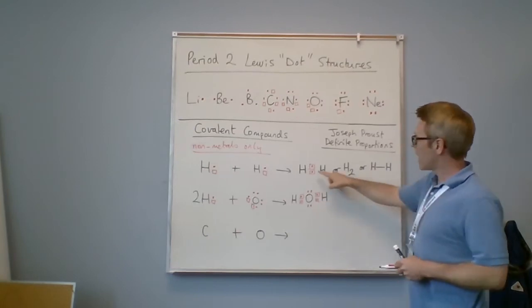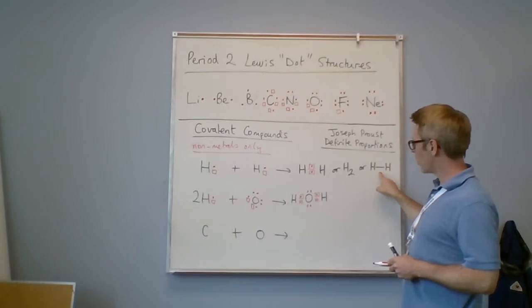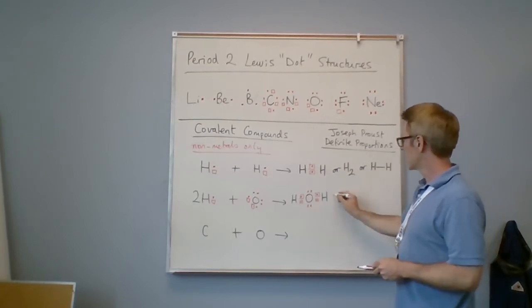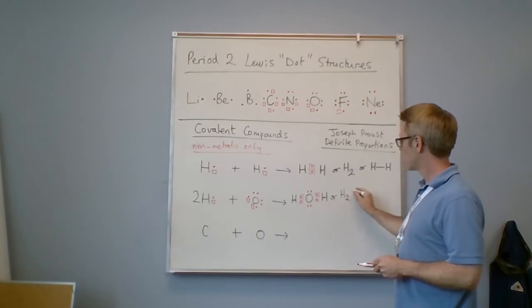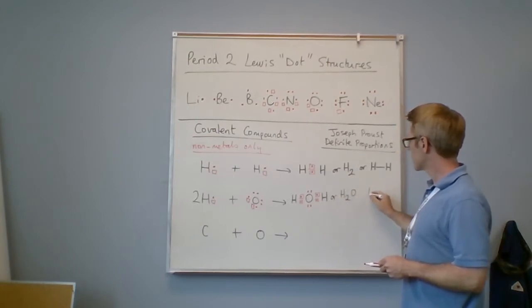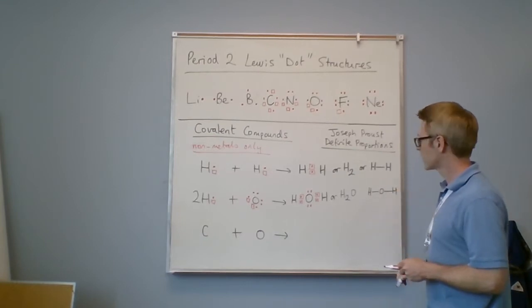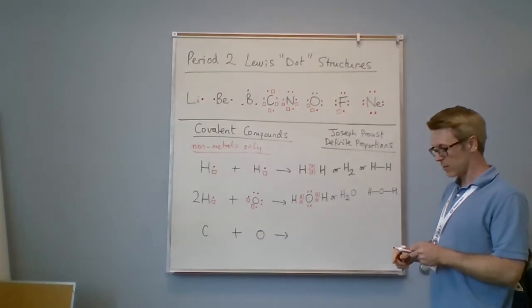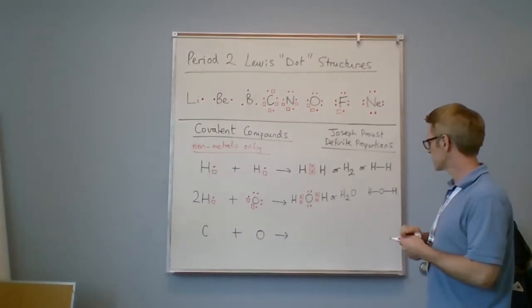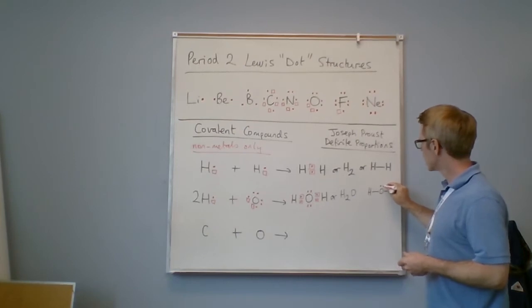As before, I can write dots between atoms as a bond. So I could write this as H bond O bond H. Now these dots that don't have an atom associated with them are called lone pair electrons, so I would just write those as dots.